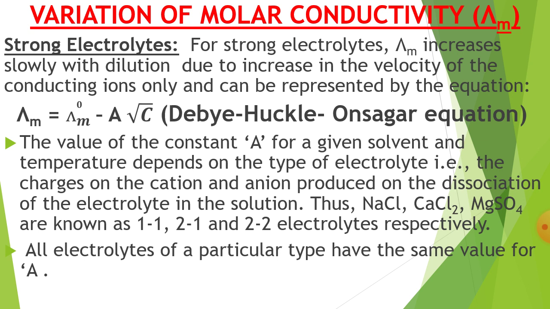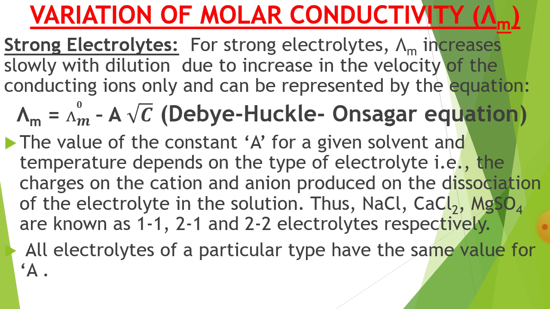This is known as 1,1 type electrolyte. Similarly, calcium contains 2 plus charge and Cl minus 1 charge. So cations 2 plus, anions minus 1. That's why this is known as 2,1 type electrolyte. MgSO4, Mg contains 2 plus charge and SO4 also contains 2 minus charge. So this is known as 2,2 electrolyte, according to charges.